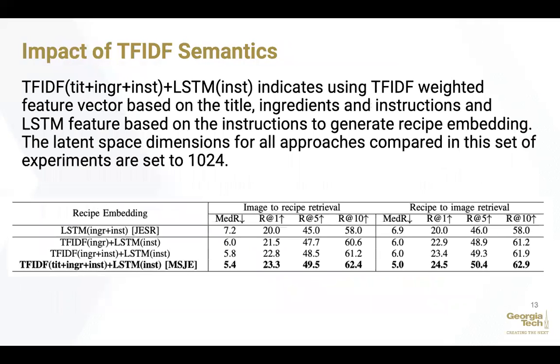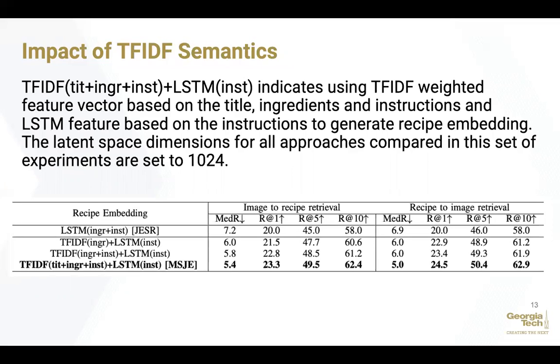To study the impact of leveraging TF-IDF semantics, we conduct a set of experiments based on the JE model and only change the recipe embedding approach. The table below shows the result. We observe that extending the LSTM-based ingredient encoder with TF-IDF semantics indeed leads to improved retrieval quality.